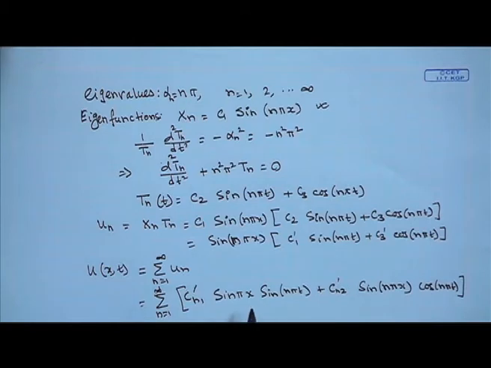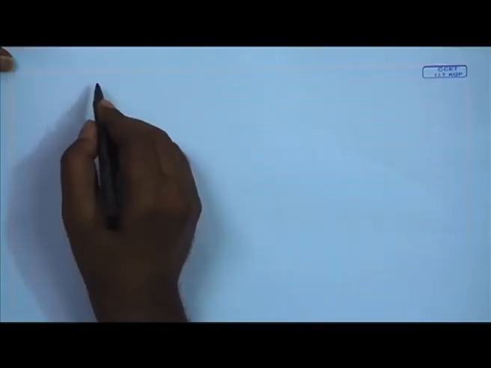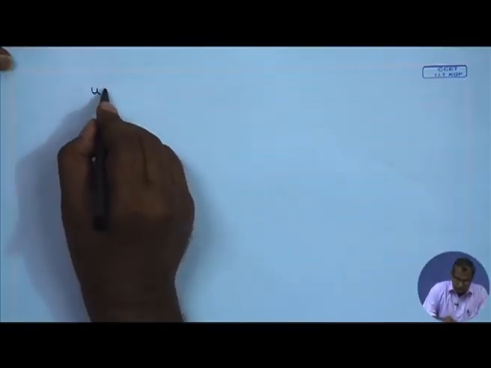Now, there are two constants in this final expression, Cn1 prime and Cn2 prime, and we have two initial conditions which have remained unutilized. So, we will be utilizing these two initial conditions in order to evaluate the constants Cn1 prime and Cn2 prime.